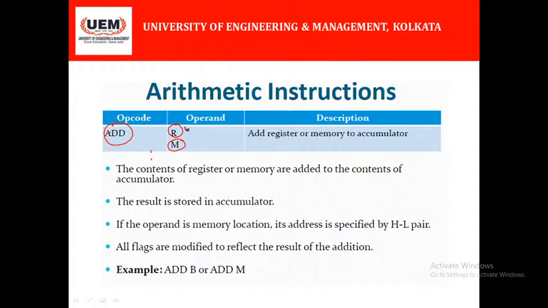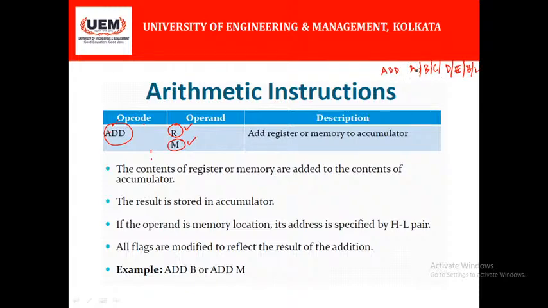Register is represented by R, memory location is represented by M. So our instruction is, suppose, ADD R, where you can write any register, either the accumulator or B, C, D, E, H or L.